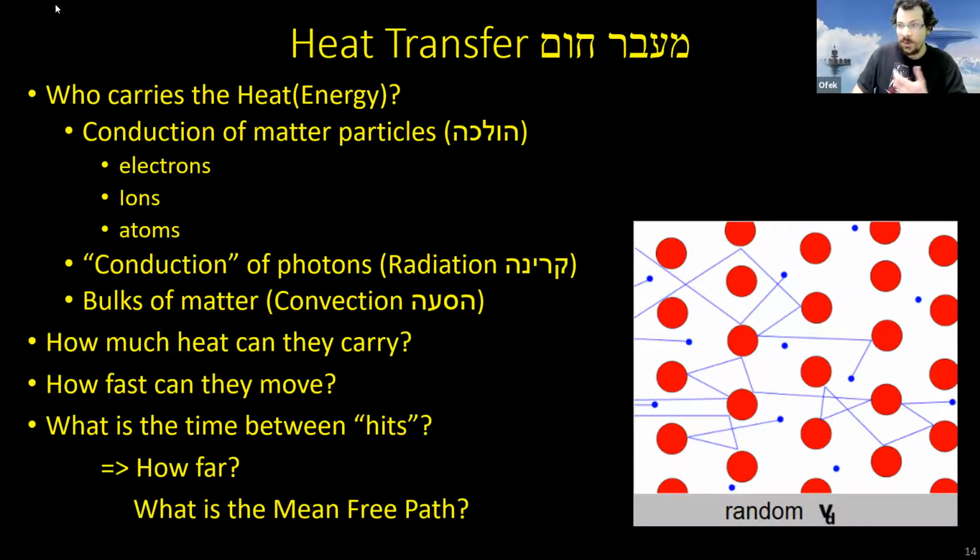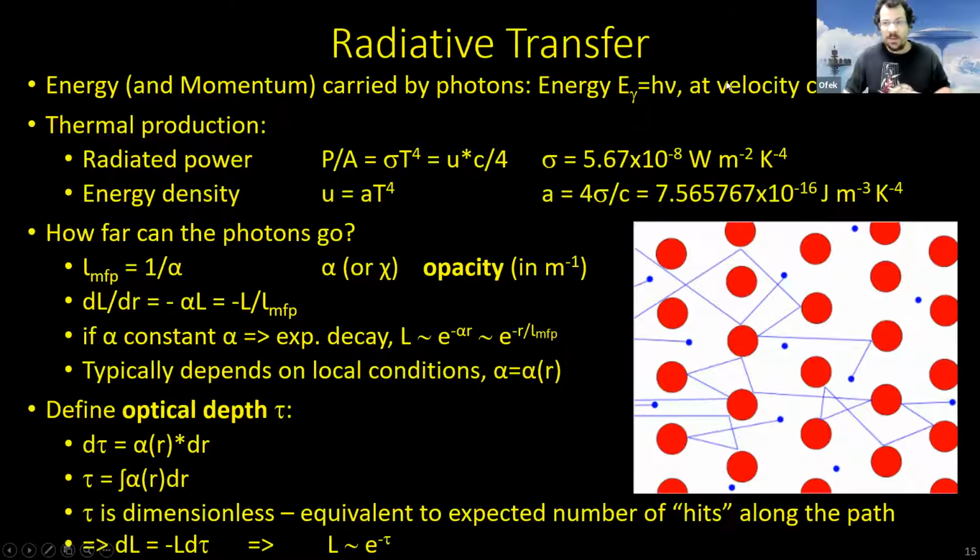Okay, so not surprisingly, when discussing radiative transfer, photons are the thing that carries the energy. And as we said, a photon has energy proportional to its frequency ν by Planck's constant. So the energy E of a photon γ is hν.